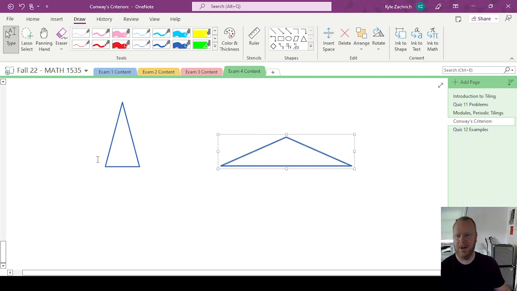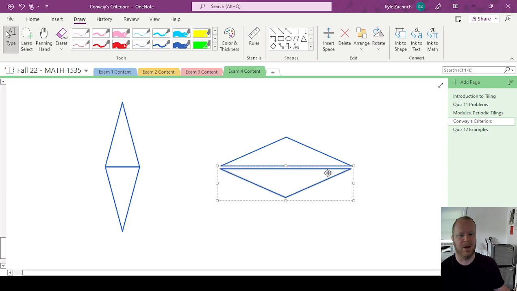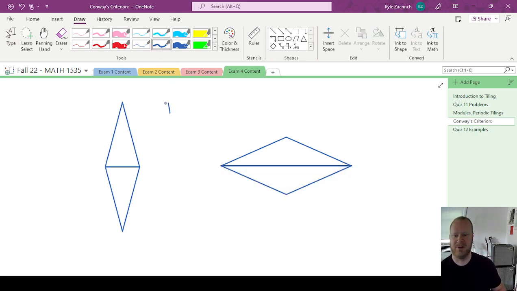If I look at this type 1 triangle and make a diamond shape like that, or if I take this type 2 and make a diamond shape like that, these are both called golden diamonds.